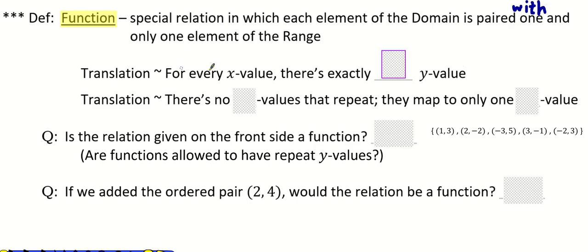So for every x, there's exactly one y value. For every x, there's only one y value, and there's no x values that repeat. They map to one and only one y value, like I was saying.